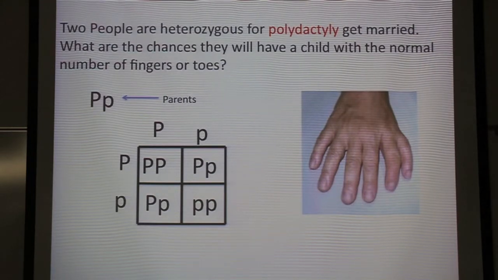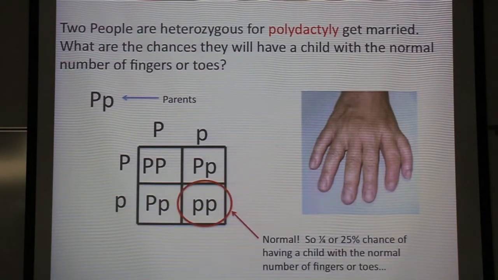Now, you might be tempted to look here and say, oh, all of these people would have the normal condition. But what you have to realize with polydactyly is that since this is a dominant trait, having one copy of this gene gives you this condition. So actually what you're interested in is this one down here if you want to know the chances of having a normal child, because the homozygous recessive is the normal condition.